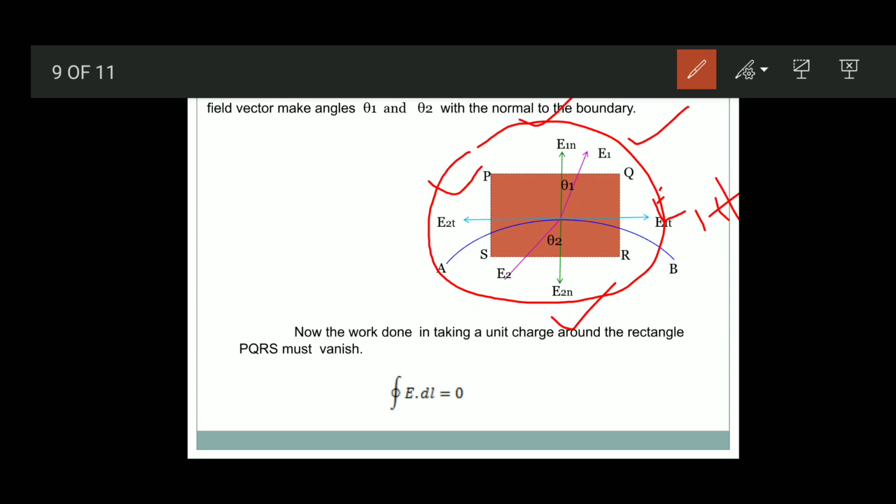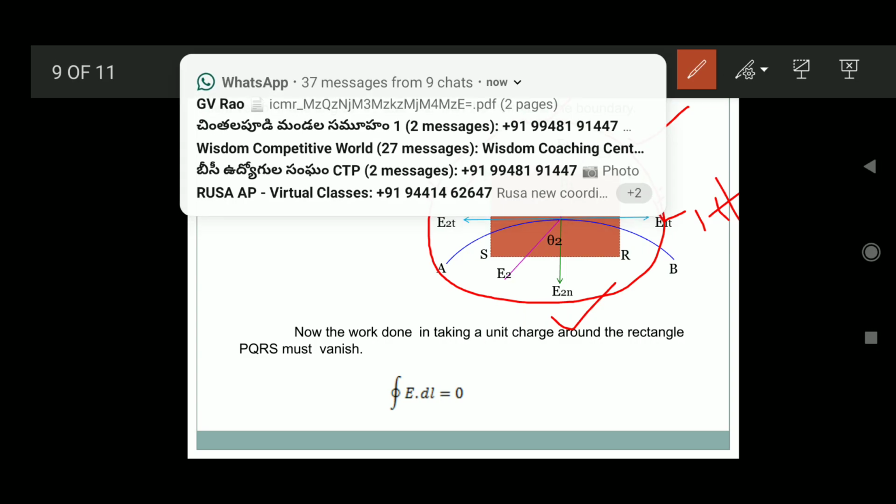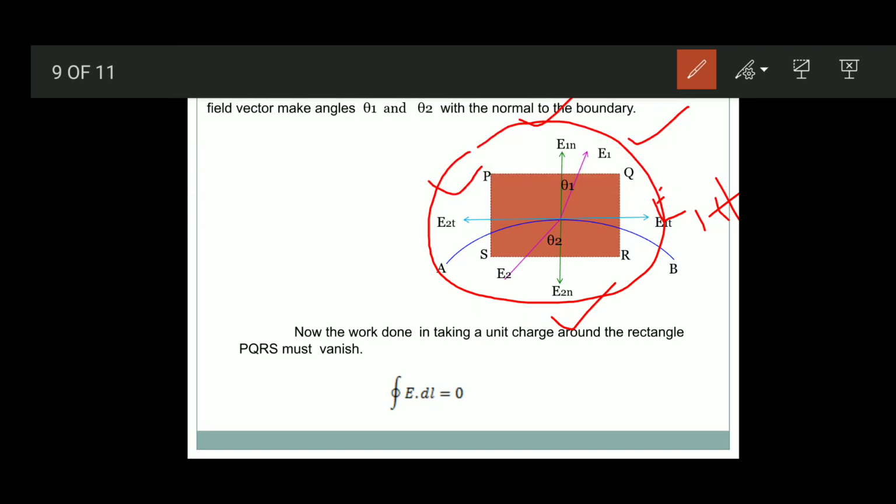Work done on a positive charge is W equal to F dot S, and with S equal to 0, the work is 0. So the work done on a unit positive charge around the rectangle PQRS must vanish, so the integral of E dot dl is 0, where E is the intensity of electric field.